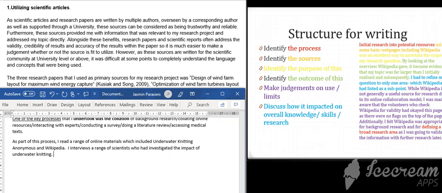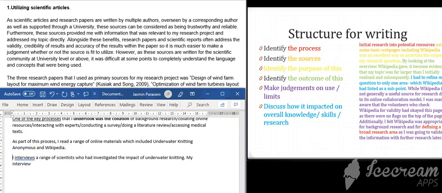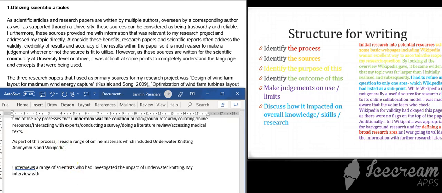If you want to go really specific, you might say, my interview with Dr. Spot was especially helpful, etc., etc. Now, these statements don't have to be overly complex at this point. You can see that in our example, they were talking about multiple authors and they got information. The actual layout of this can be quite flexible.